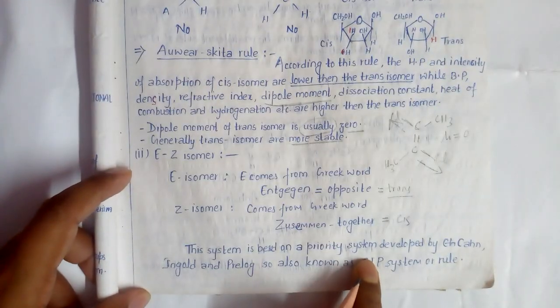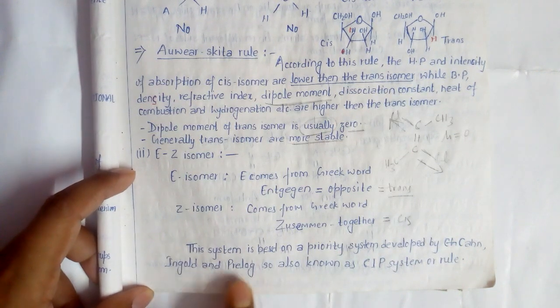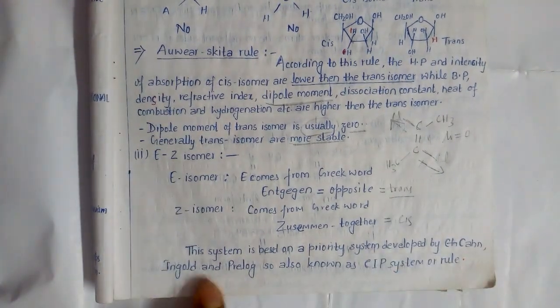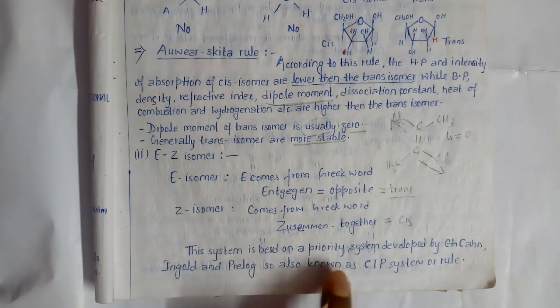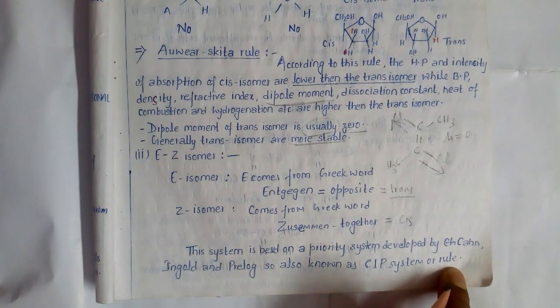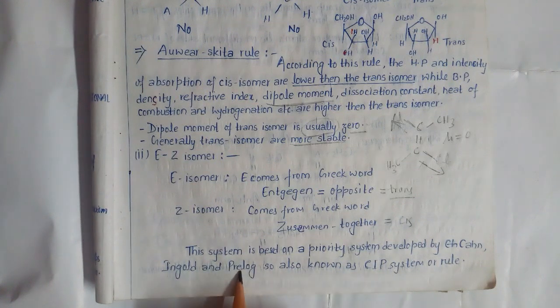The system is based on the priority system developed by Cahn, Ingold and Prelog, so it is also known as the CIP system or rule. C from Cahn, I from Ingold and P from Prelog.